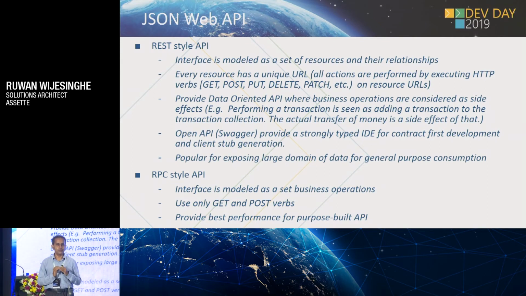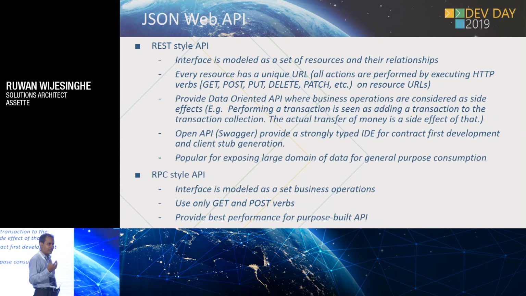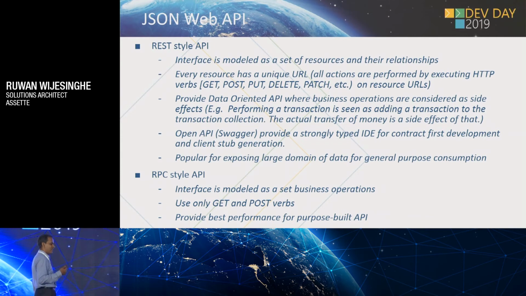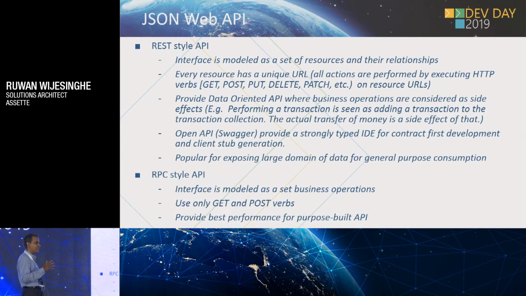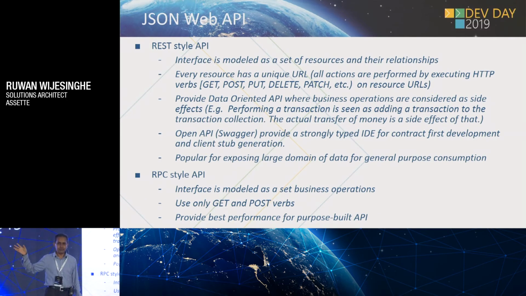But if you know what you are using it for, say I am building my application, I am building my client, then this RPC style of web API will give the best performance, with lesser effort, etc. So people end up building RPC style JSON web APIs, not REST APIs. You can't say RPC REST API, so JSON API rather than REST API. Why?